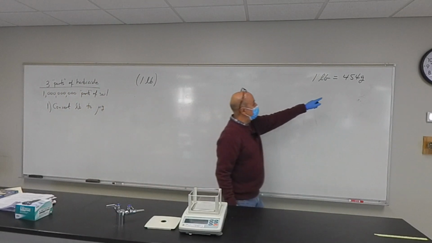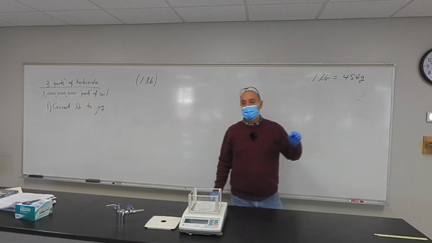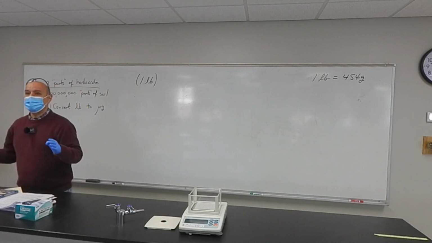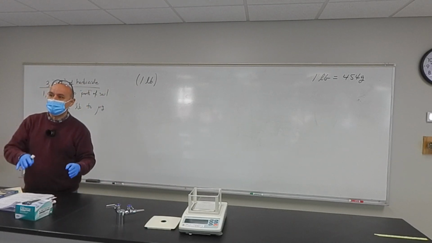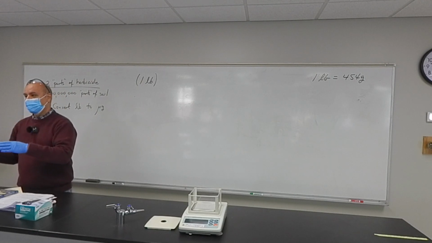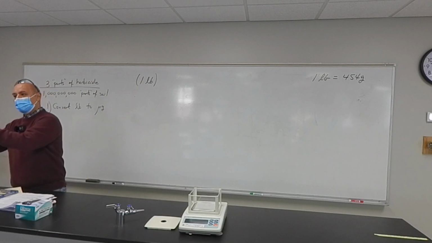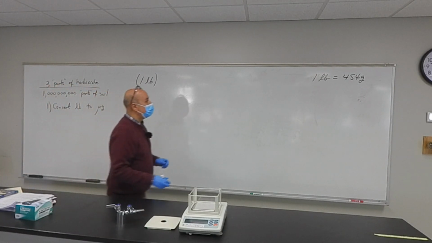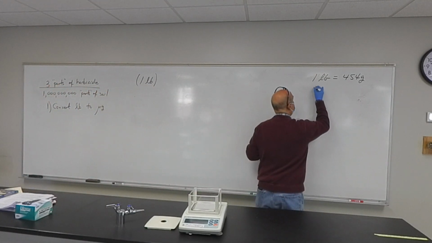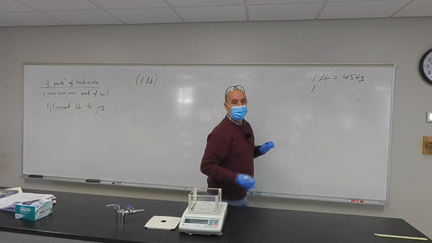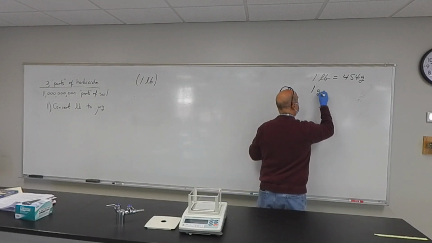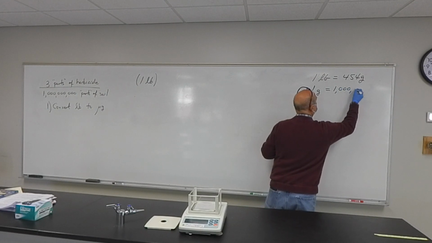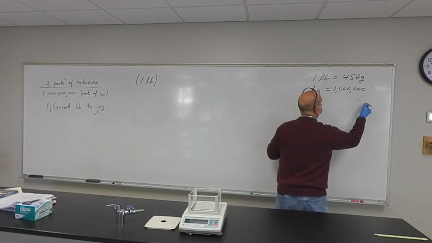And the beauty of the metric system is that conversions simply multiply or divide by a factor of 10, 100, 1,000, 1,000,000, whatever it is. But we still need the conversion factor. We need to know how many micrograms are in 1 gram. So I'm going to put here that 1 gram equals 1,000,000 micrograms.